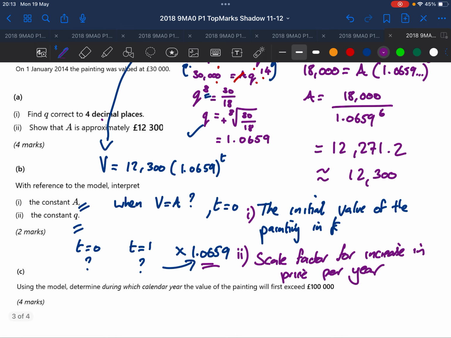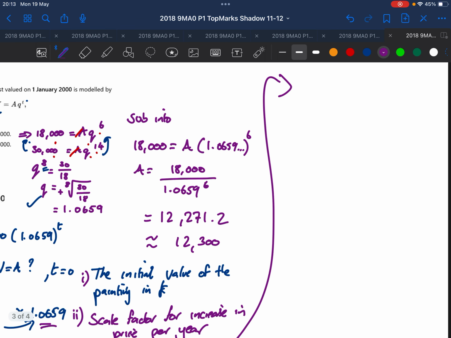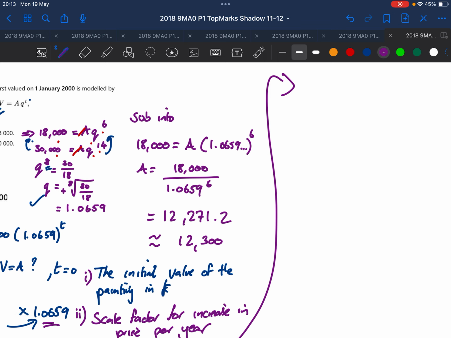And then finally, determine which calendar year the value will first exceed 100. So when would I go over 100 the first time? If I use my complete model, just in my notes here, because this is a generated question, I'm using that 12,200. So if I said V equals, again, what was it? It was 12,271 multiplied by 1.0659 to the t.